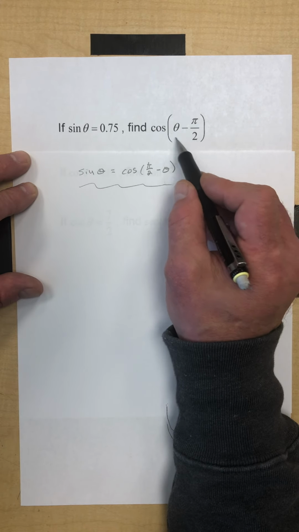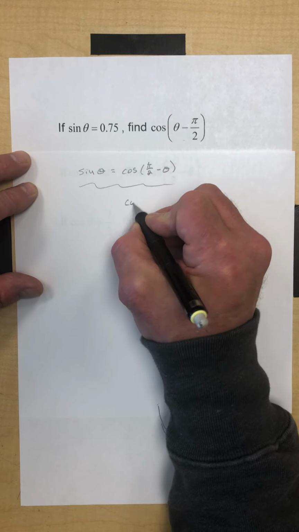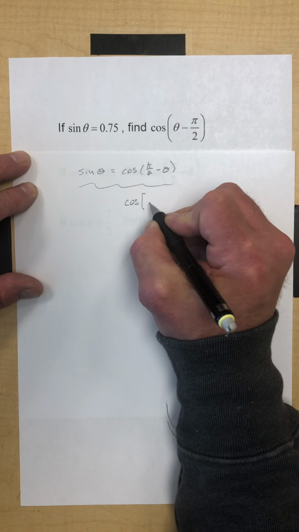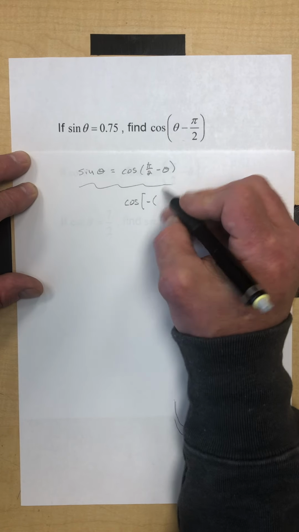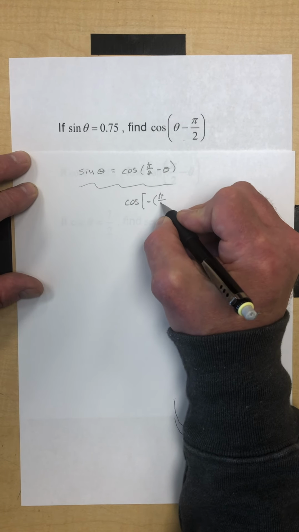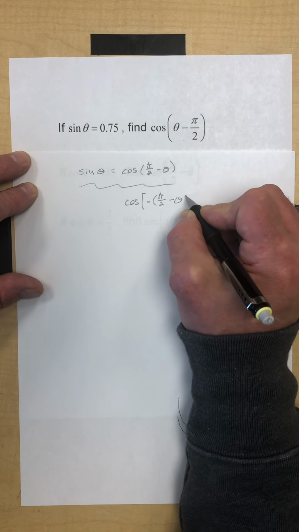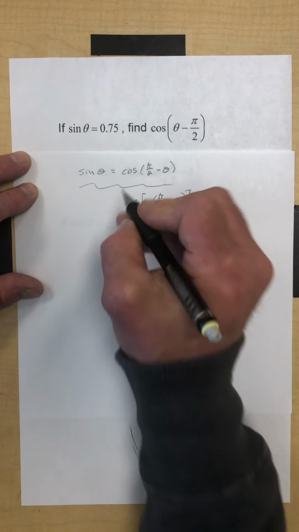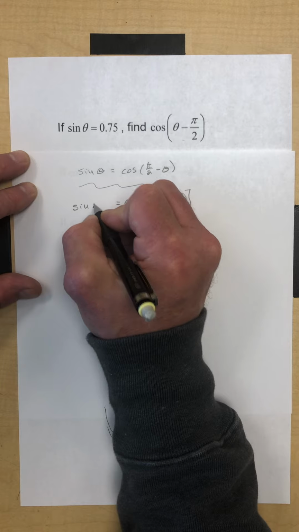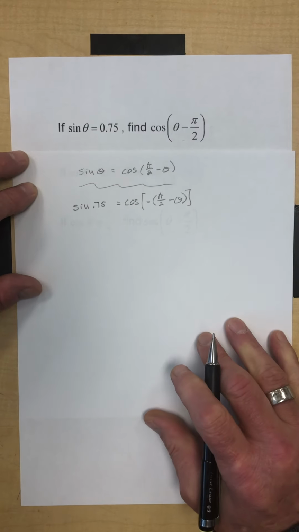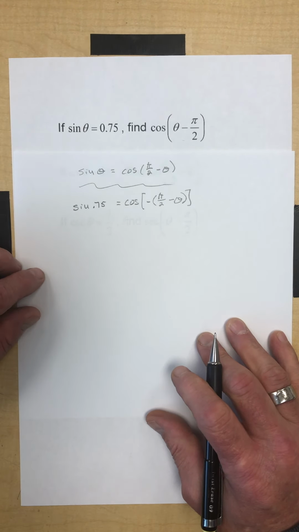How about if I factor out a -1? So cosine of, factor out a -1, theta minus pi over 2 becomes pi over 2 minus theta. And so that has to be equal to sine of 0.75. All right, so there we go.